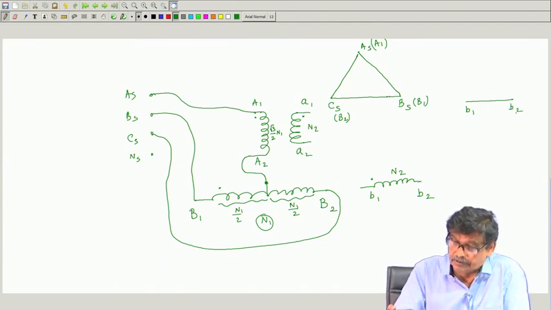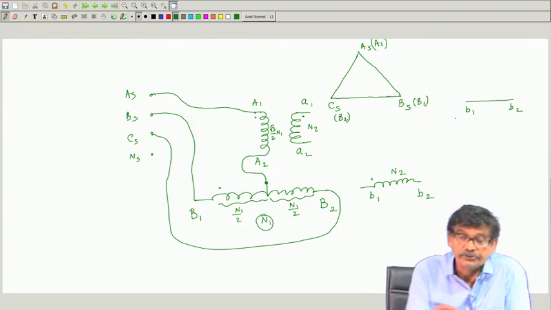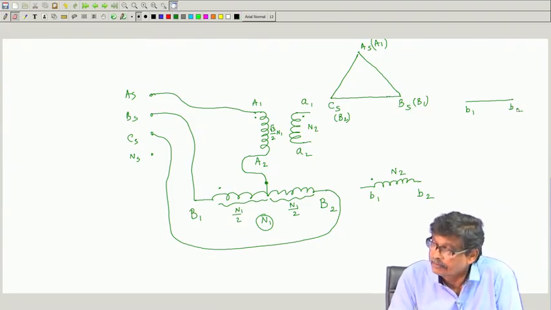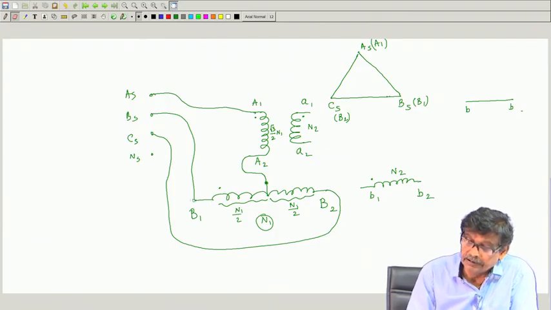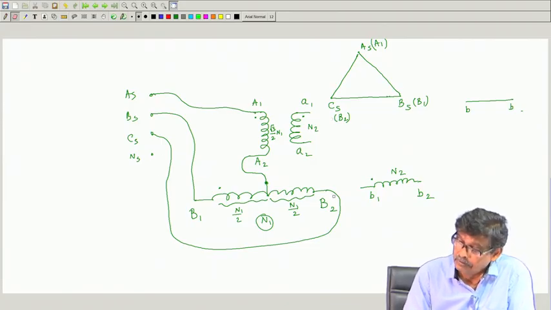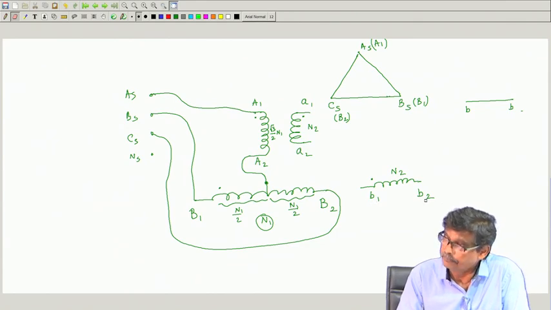Of course, I have not named it correctly. I am sorry, B1 is connected to BS and CS is connected to B2. So, the voltage applied across this is B1 B2, and the secondary induced voltage is also B1 B2.